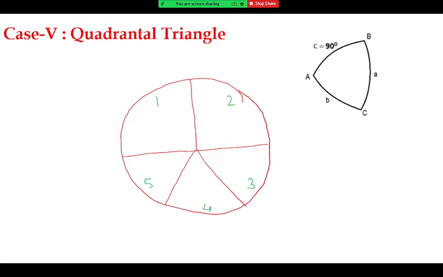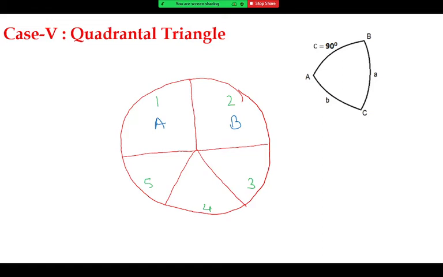In a right angle triangle, we take adjacent sides of that 90 degree. Here also we'll take adjacent angles of a 90 degree side. So capital A and B is the correct answer. So put capital A and capital B in part 1 and 2, which are the adjacent angles of the 90 degree side.